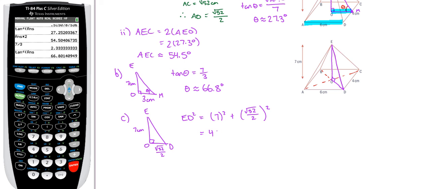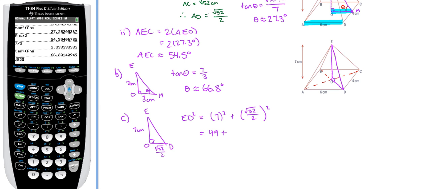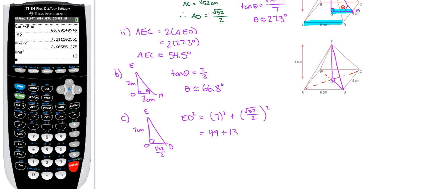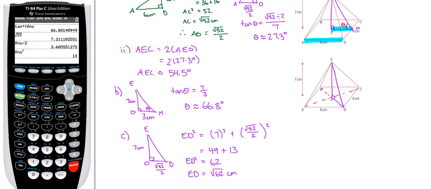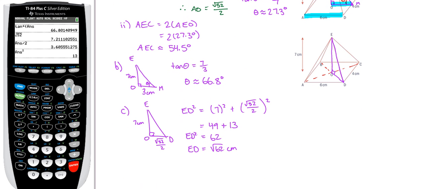So that's 49 plus root 52 divided by 2 and then squared. That gives us 13. So ED squared is 62, which means ED is root 62 centimeters. And again, I'm going to leave that as an exact answer because it'll make it more accurate later on. So there's the length of ED.